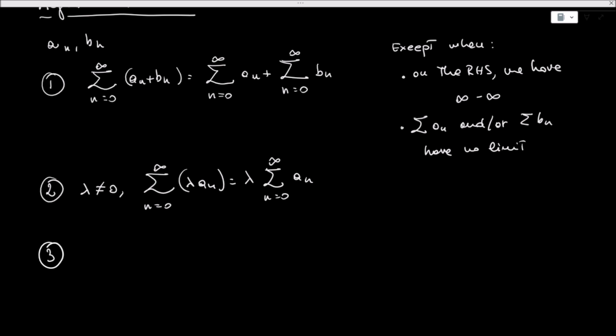And the third property says that we cannot draw any conclusion when we multiply the two sequences. So if we have the sum as n goes from 0 to infinity of an times bn, we cannot say that this is equal to the sum of an times the sum of bn, except in very specific cases.